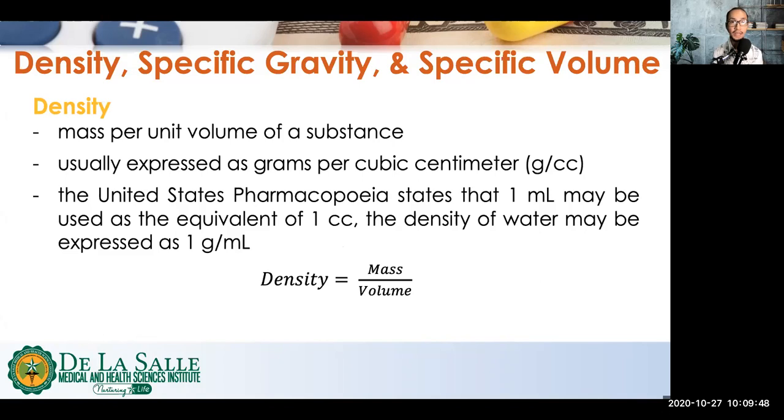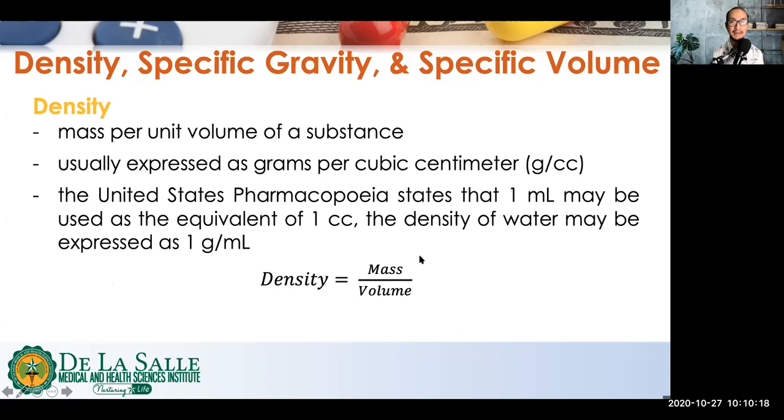Now, you can, of course, use other units for mass, and you can also use other units for the volume. Yes. And so to whoever ask question, the answer is yes. Yeah. So you can use a different unit, no, for the mass and also for the volume.